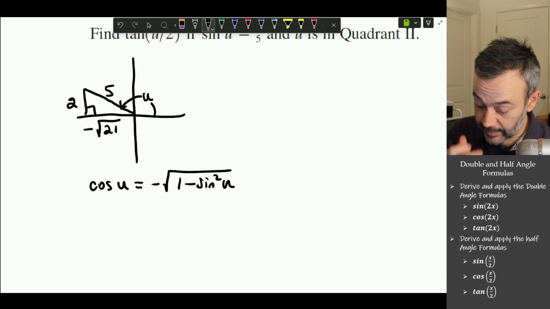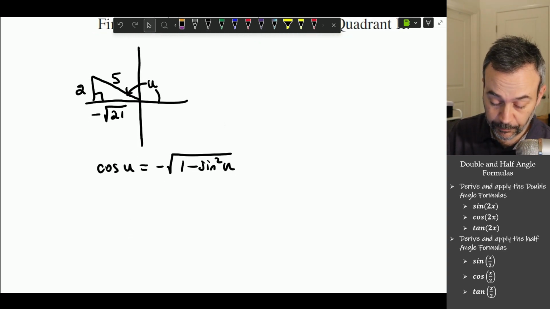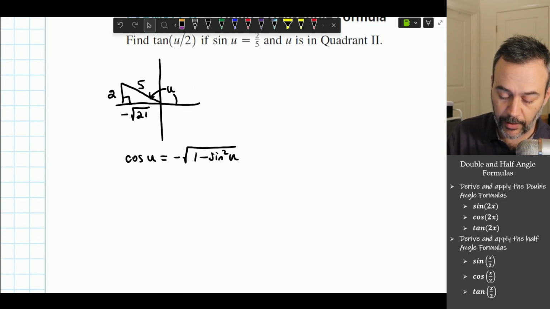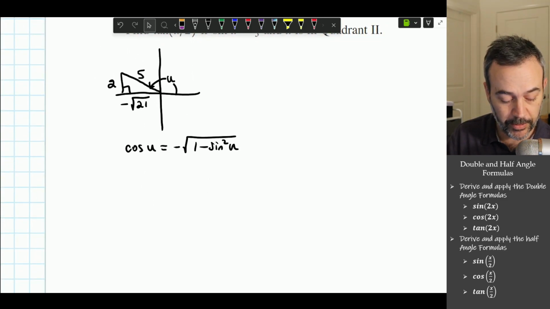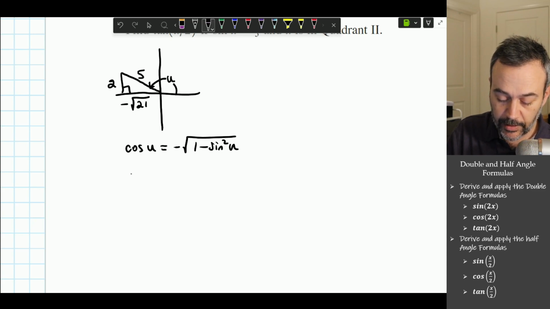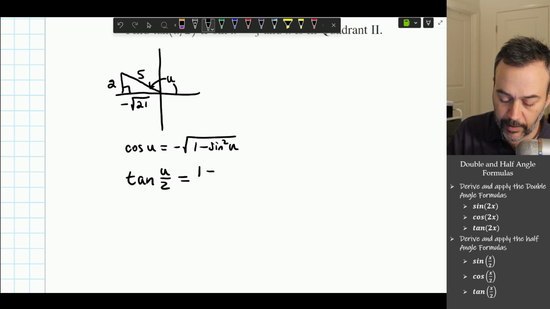Now, what did I do there? Okay, hold on that for a second. I probably should have said this, because what I'm trying to do is use tangent of u over 2, and remember the formula that we derived earlier.